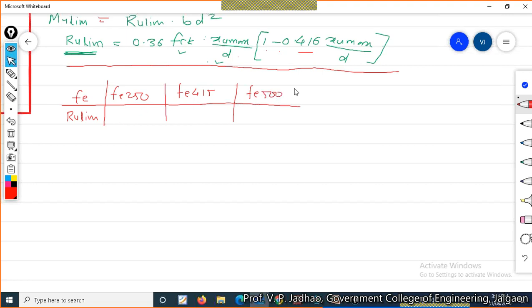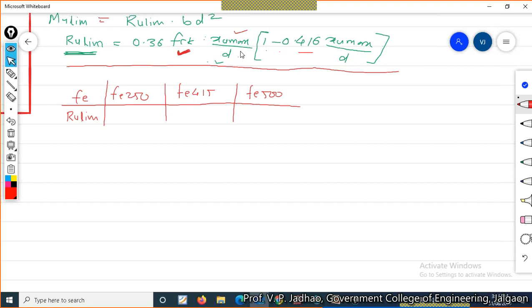We know the value of xu max upon d, and we only don't know the value of fck in this particular formula.